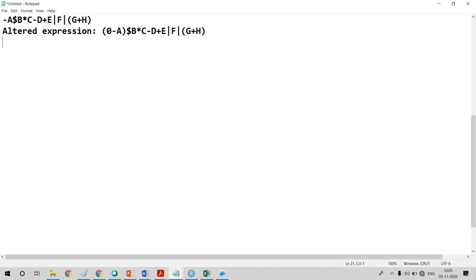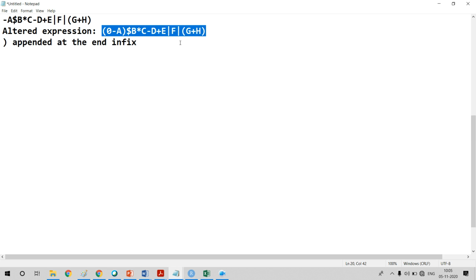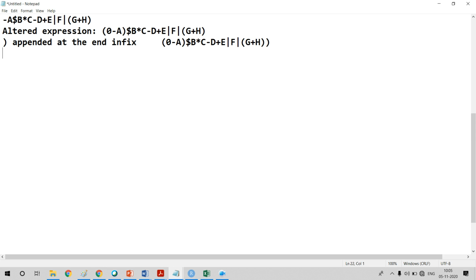One of the guidelines is you have to add a closing bracket at the end of the infix expression. So this expression becomes like this. After adjusting, start solving by scanning the symbols from left to right.